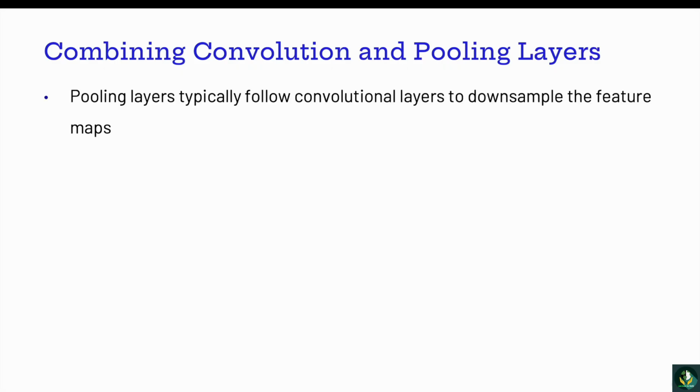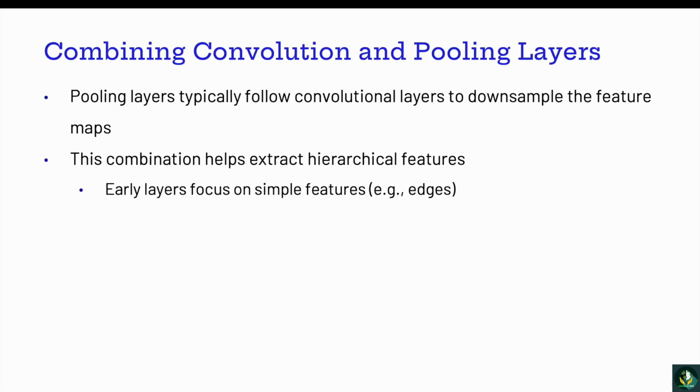Let's talk about combining convolution and pooling layers. Pooling layers typically follow convolutional layers to downsample the feature maps. This combination helps extract hierarchical features. Early layers focus on simple features, for example edges, and deeper layers capture complex patterns, for example objects.